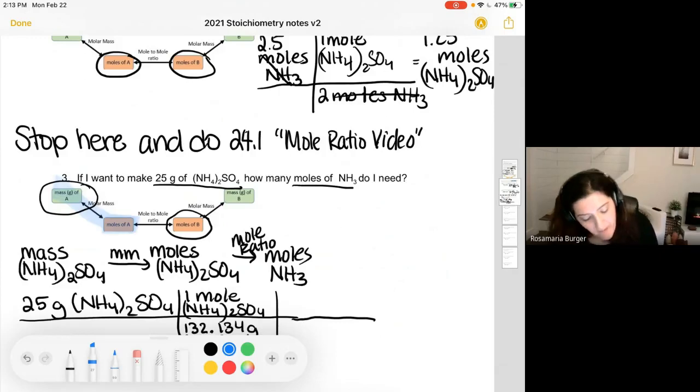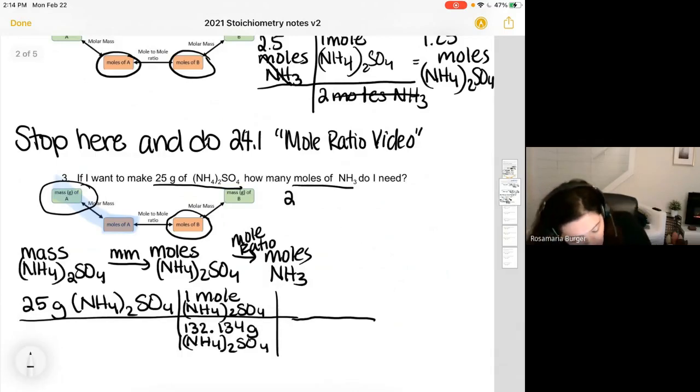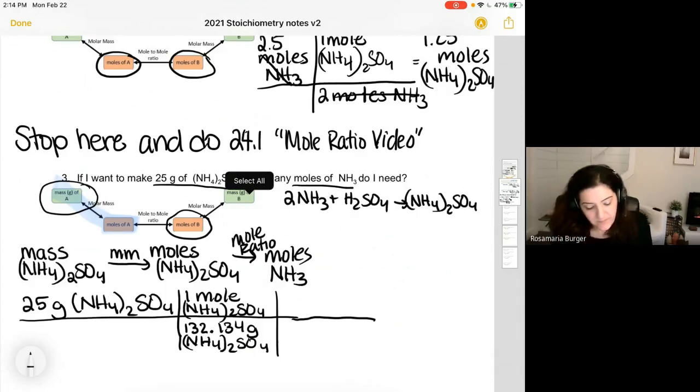All right, and we have to look back at our equation. I'm just going to write it here for us that we have 2 NH3s plus H2SO4 gets us (NH4)2SO4. Okay, so my mole ratio is going to be, since we're going to moles of NH3, it's going to be 1 of these to 2 of these.